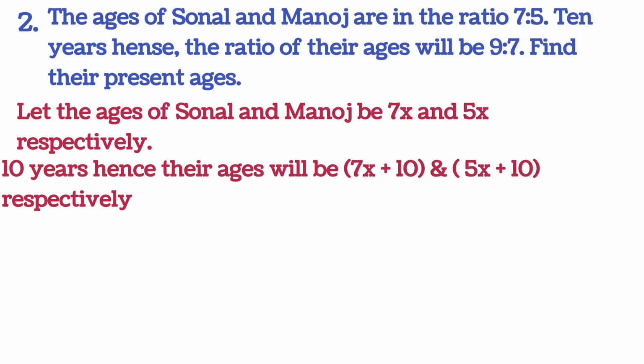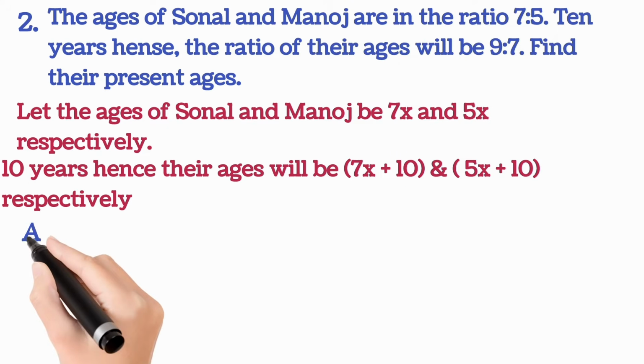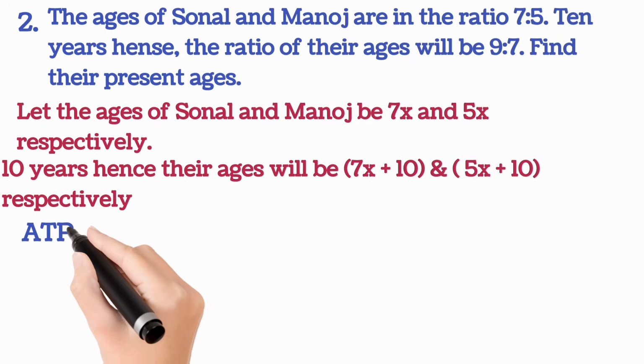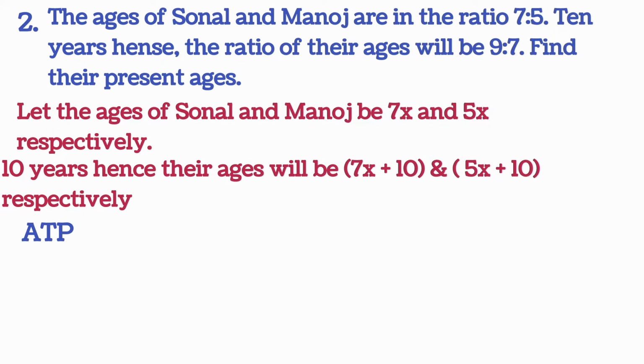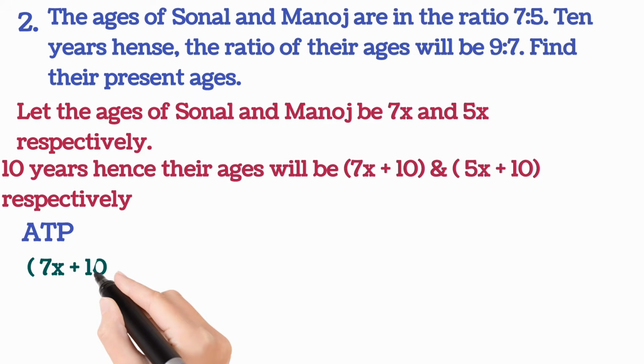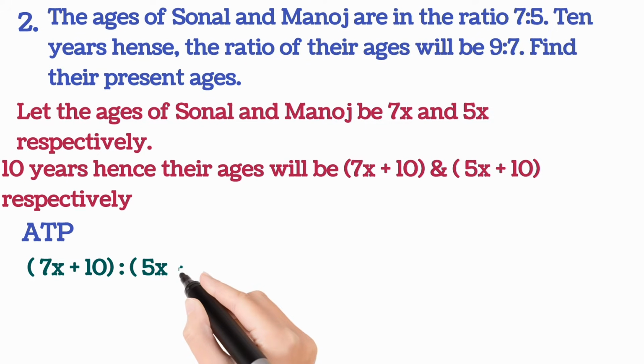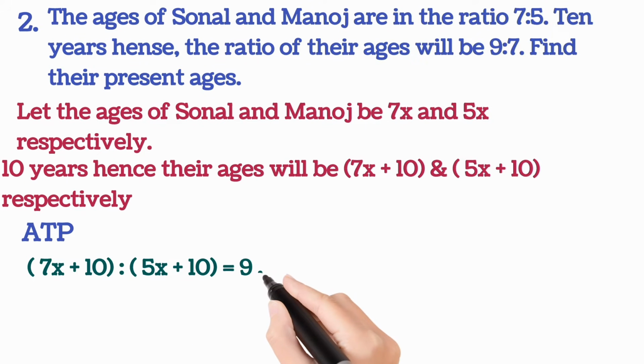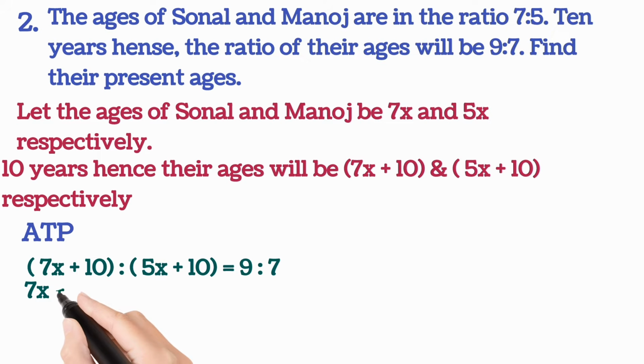And 10 years hence, their ages will be 7x plus 10 and 5x plus 10, definitely, since 10 years are added. According to the problem, after 10 years the ratio of their ages will be 9:7. So we write 7x plus 10 is to 5x plus 10 equals 9:7.